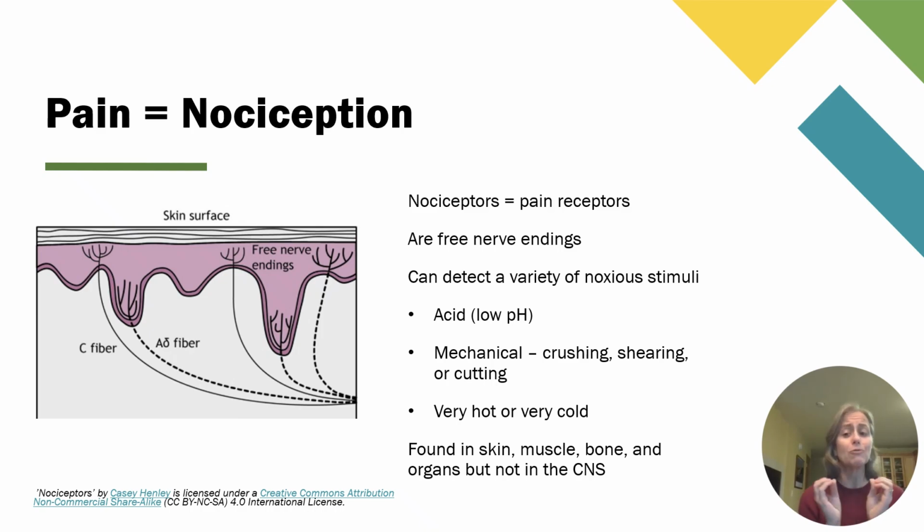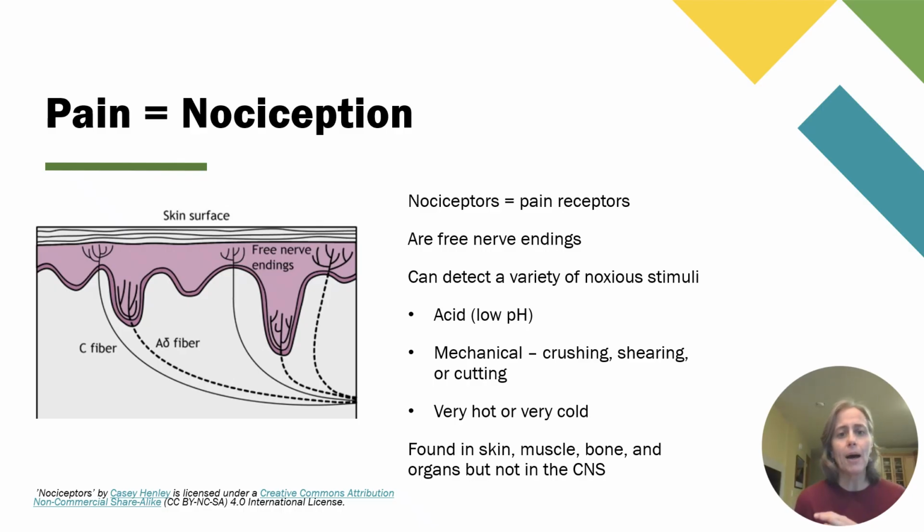So pain is actually a really important sense to have, assuming it is operating correctly. So if something is very acidic, has a low pH, we have receptors that will respond to that. We have some receptors that are mechanoreceptors that will respond to crushing or shearing or cutting of tissues. We also have receptors that will respond only to very, very cold or very, very hot temperatures, right?